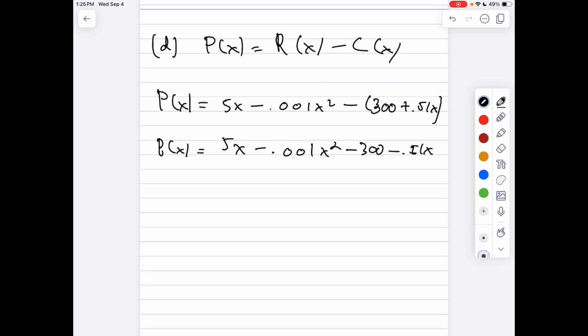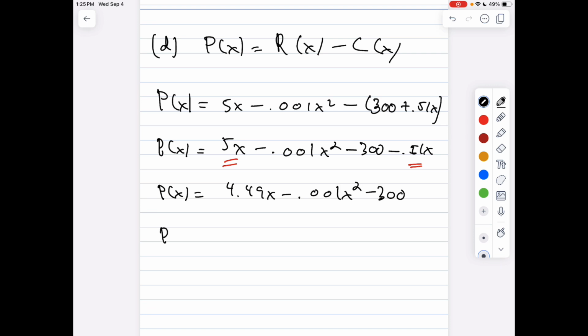If we added like terms, meaning the x's, the 5x and the 0.51x, that makes 4.49x minus 0.001x squared minus 300.